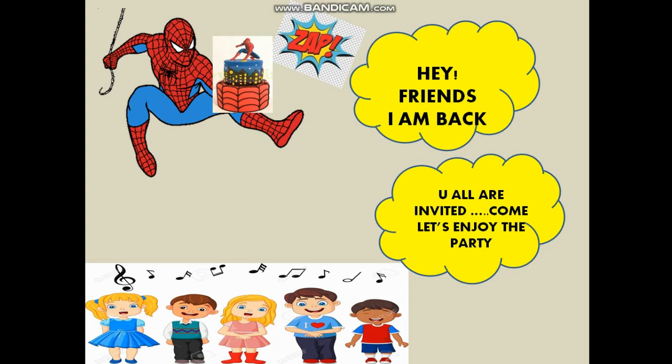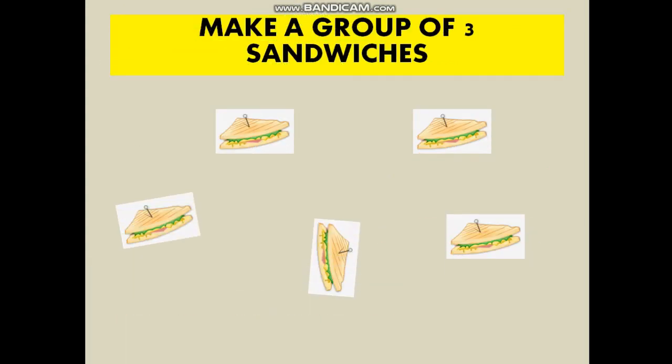My dear students, I hope you have understood all the concepts regarding making a group. There is a very important thing which I have to tell you about when we make a group. Look at these sandwiches, and you have seen this slide earlier also.